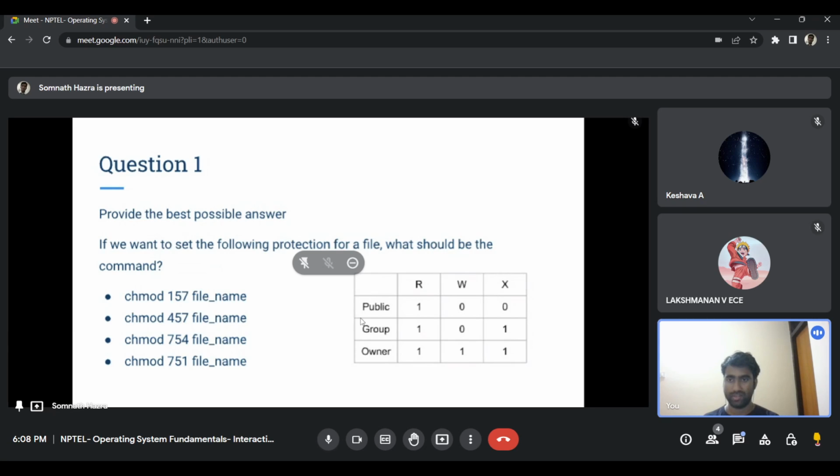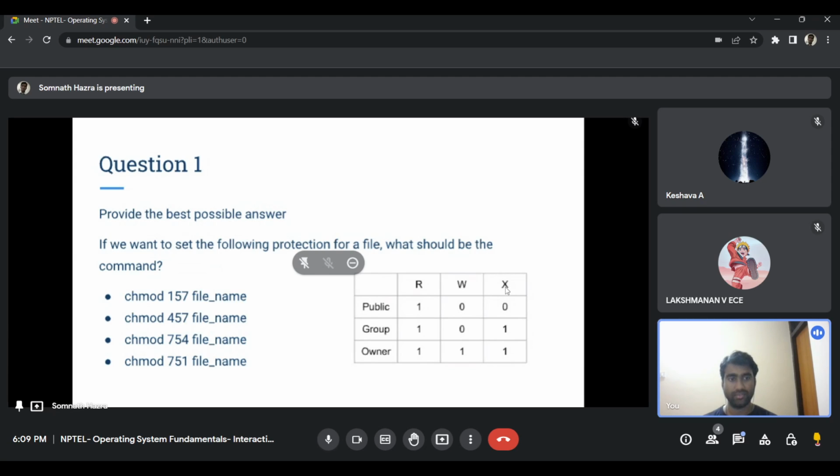Okay, so these are the three stages of permission that you need to set for each file, and by default they are particularly set. If you have used any Linux or Unix systems, you may have used these types of commands. So here in the example, R stands for read, W stands for write, and X stands for execute.